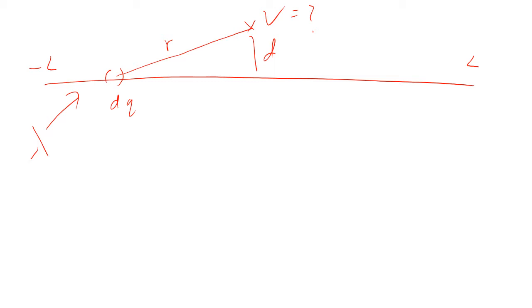Now, remember, when we did this with vectors, we had to find the components that added up. We don't have to do that now because there are no components. It's not a vector. So all we have to do is say that the voltage is going to be the integral of dV, which is equal to the integral of k_B dq over r.